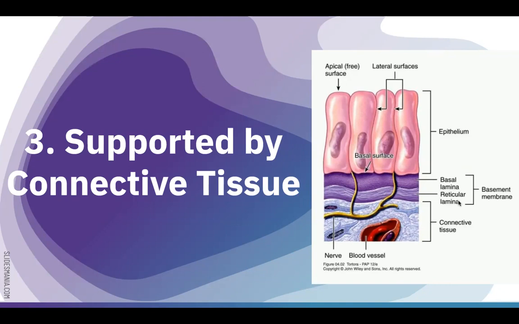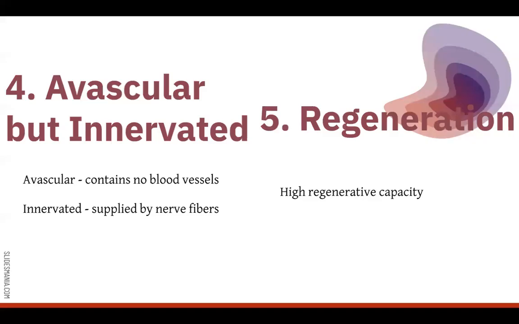And how this reticular lamina works is that it is made up of collagen protein fibers. And what collagen does is it provides strength, structure, and support to skin, muscle, bones, and connective tissue.